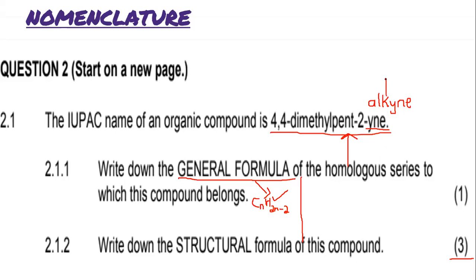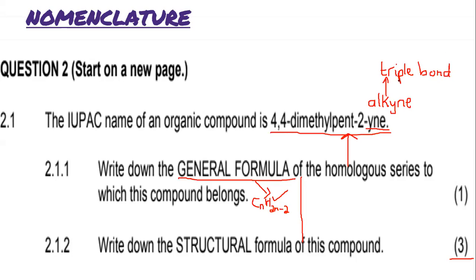With alkynes, you are going to get a triple bond between carbon and carbon atoms. It's not just a triple bond, it is a triple bond between carbon atoms, and only between 2 carbon atoms for your syllabus altogether.